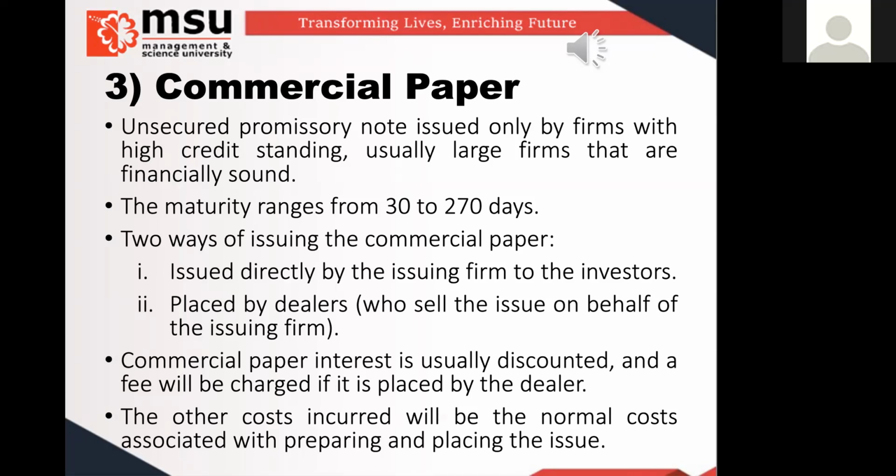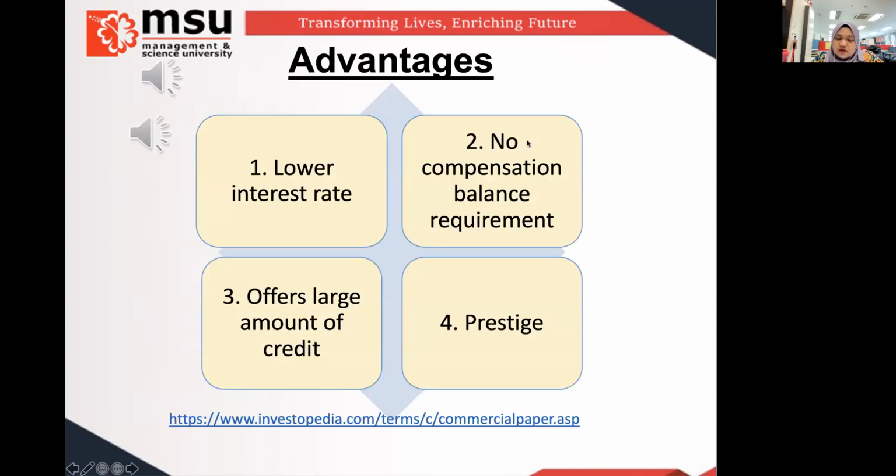All right, so what is the most important thing that you need to know in commercial paper? You need to know how much is the effective annual rate. All right, so what are the advantages for the firm if they are able to issue commercial paper? The first one is the lower interest rate. Lower interest rate means that they decide the percentage that the company promises to the investors, the rate they promise to give as a return to the investors.